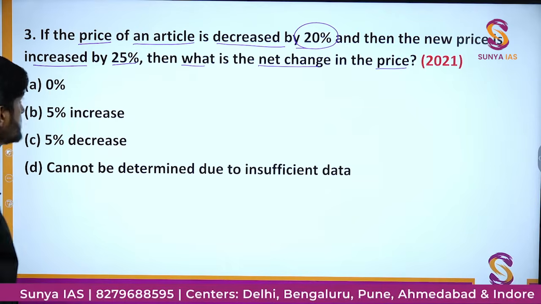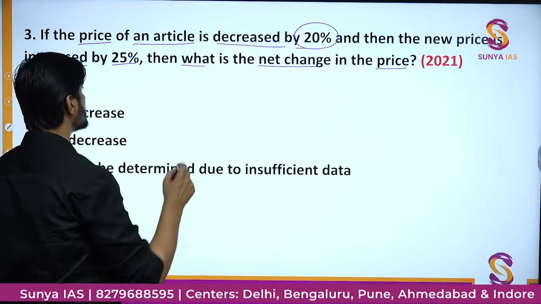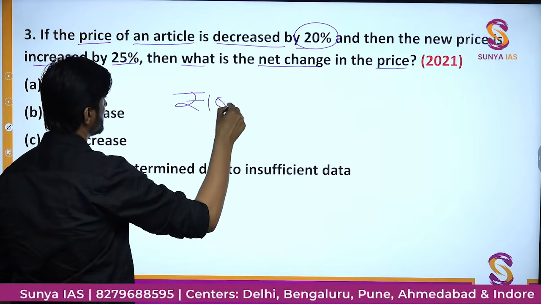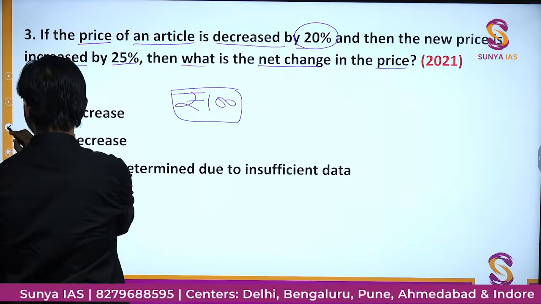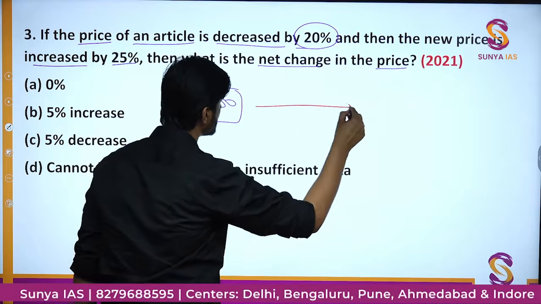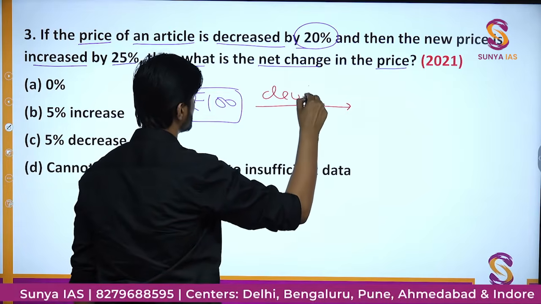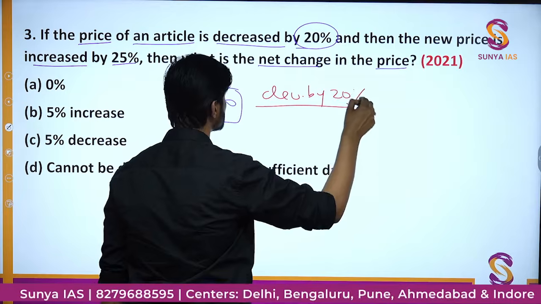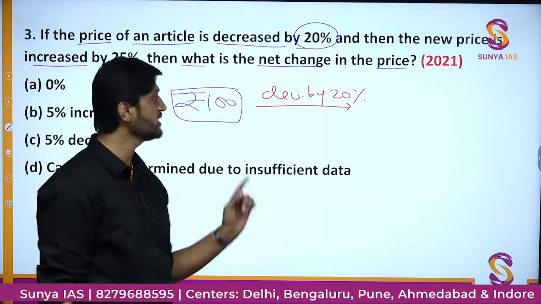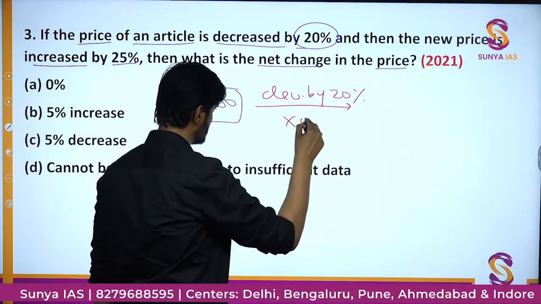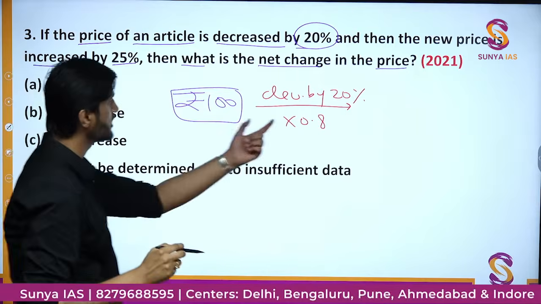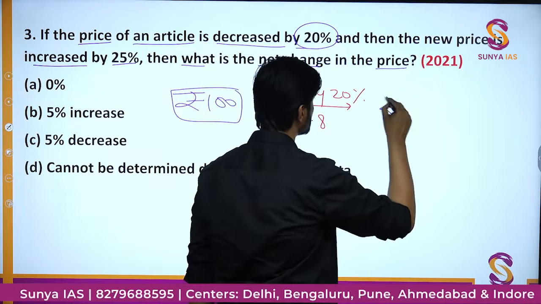Okay, so here what you can do is assume the price to be rupees 100. We have to check how much decrease is going on here. So it is actually decreasing by 20%. I just showed you if there is a decrease by 20%, we'll multiply the value with 0.8. And so the new price is going to be 0.8 into 100, that is nothing but rupees 80.